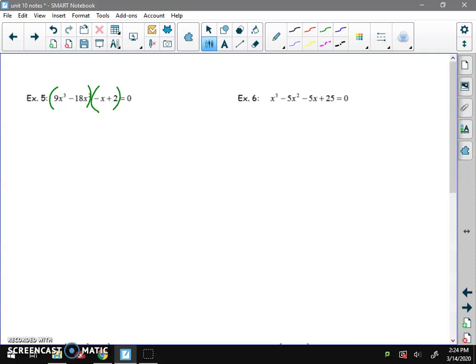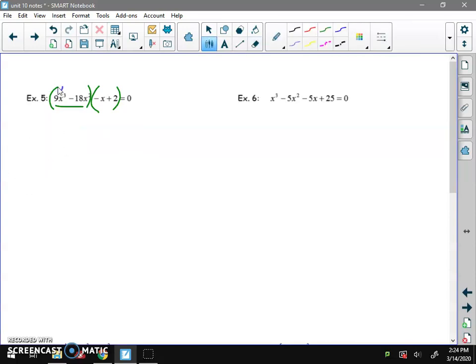If you look at my first set of parentheses, what's the GCF of those 2? Oh, it's 9x squared. When I GCF that out of my first parentheses, I'm left with x squared minus 2. No, I'm not. I lied.